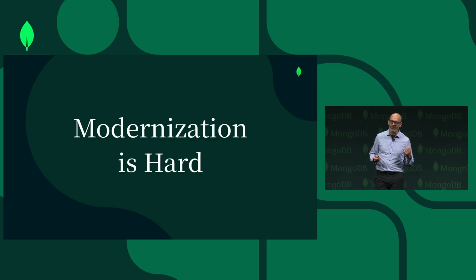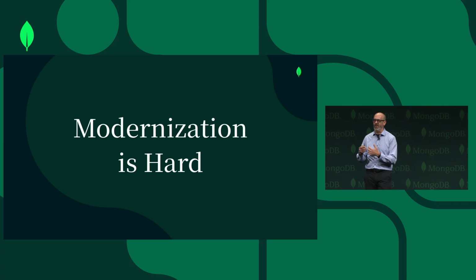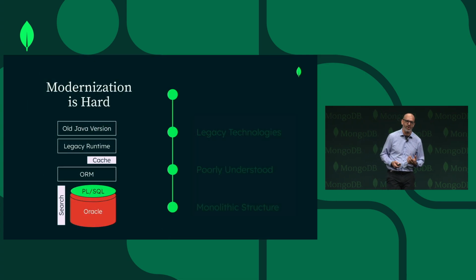This is probably the intro you expected when we started the talk. Modernization is actually really hard, and the tools that Revathi demoed, and the technique and methodology she showed, are all created to solve this really hard problem. So what is this problem?